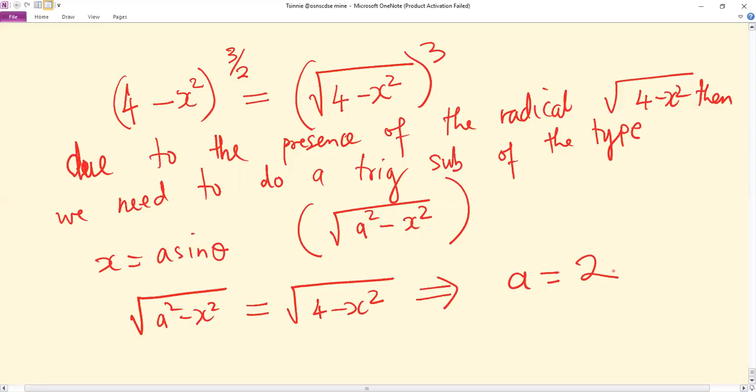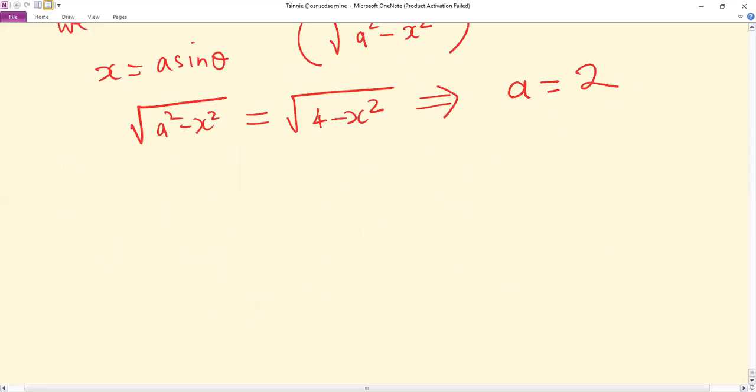So therefore, we make a substitution of x equals 2 sine theta.